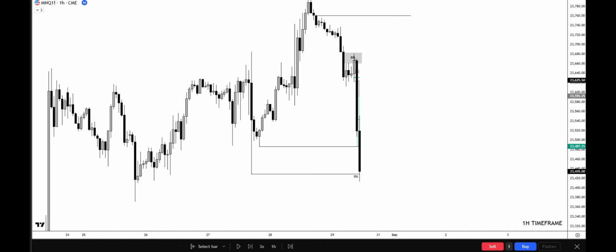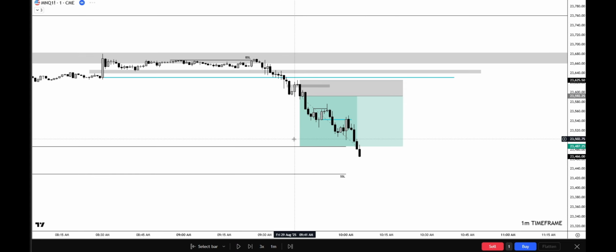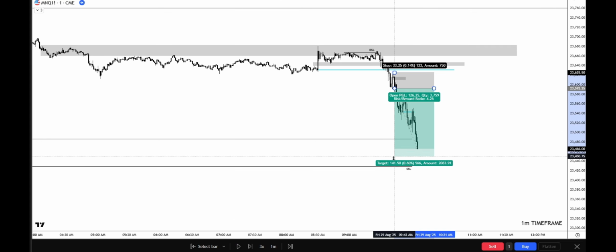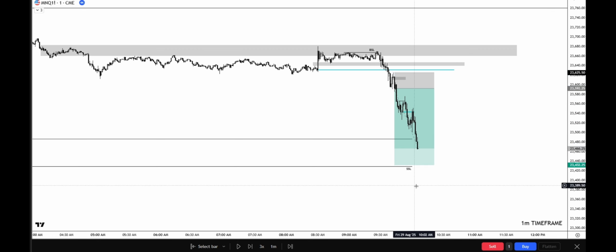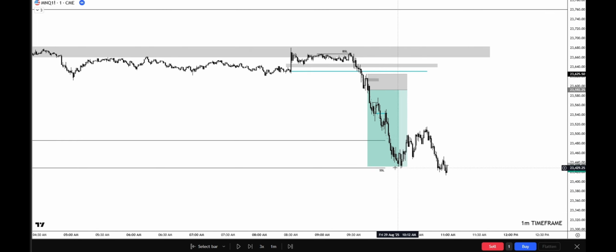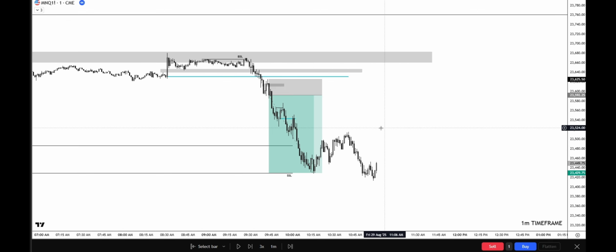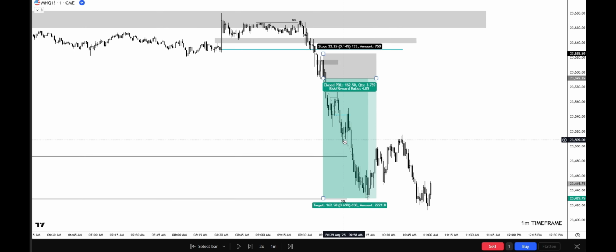So I took this trade, go here, you can see price went low. This 6 a.m. candle closed somewhere here.